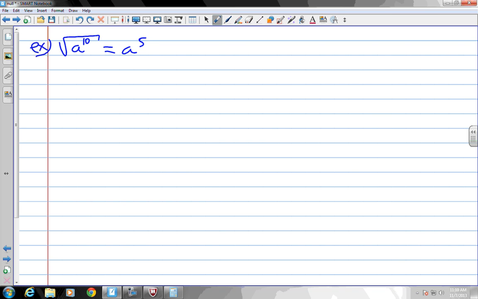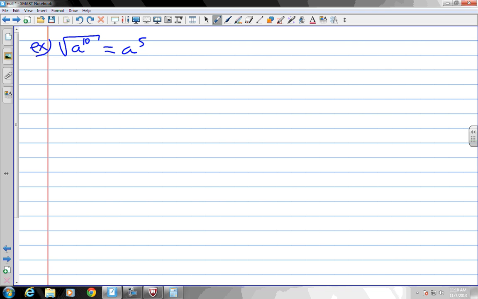But usually when I gave you this question, I always said, assume that a is greater than or equal to 0. Look at the worksheet 17 that you just got back. There was a question on it. Question 4G on the second page, that I ask you, what is the square root of a squared? Assume that a is greater than or equal to 0. Right? I had to keep saying that.